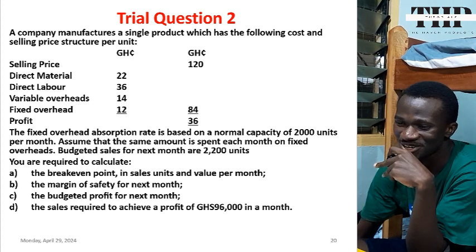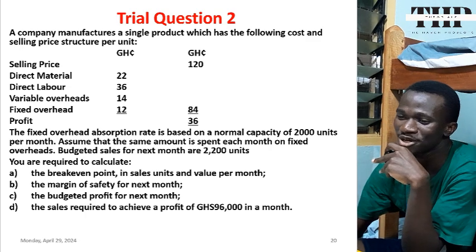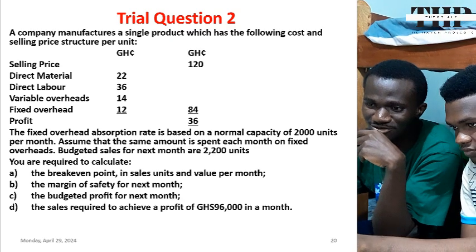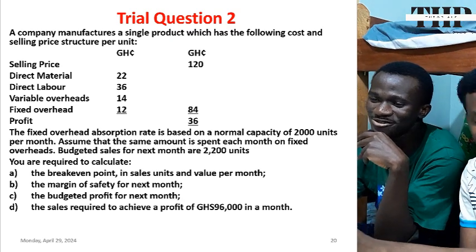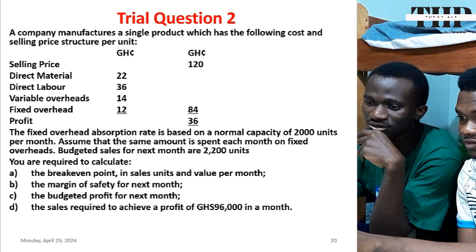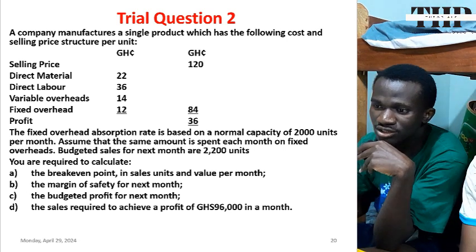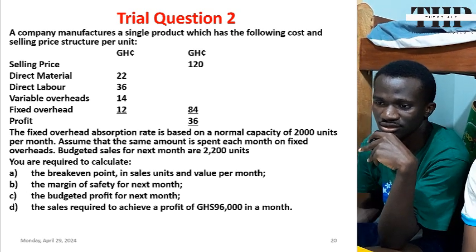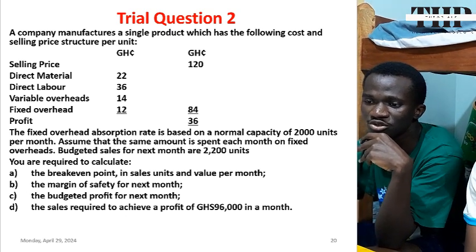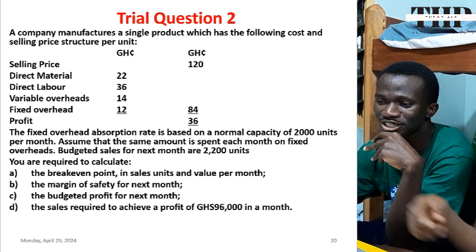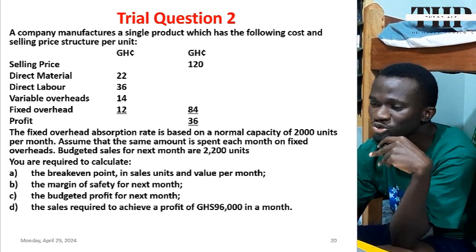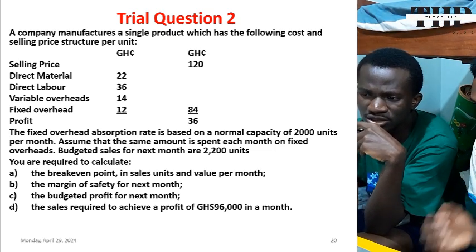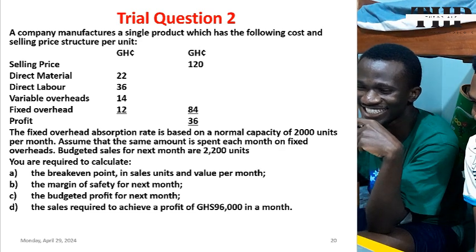Selling price 120, direct material 22, direct labor 36, variable overheads 14, fixed overhead 12, giving a cost of 84, then the profit is 36. The fixed overhead absorption rate is based on a normal capacity of 2,000 units per month. Assume that the same amount is spent each month on fixed overheads.